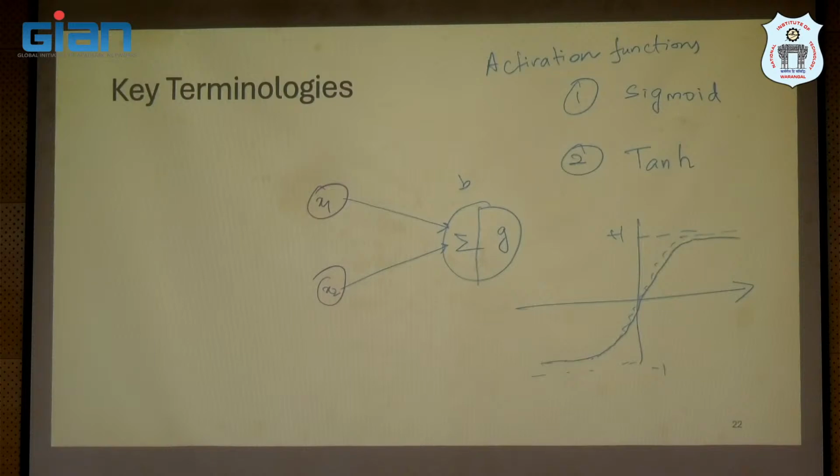A sigmoid is level shifted above 0, going between 0 and 1, whereas a tan hyperbolic is centered around 0, so it's slightly advantageous in some applications. You know the equation, e power x minus e power minus x divided by e power x plus e power minus x, right? I don't remember exactly now, but you can refer to the resource.